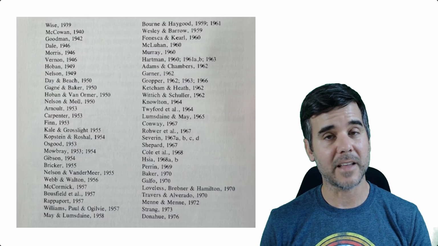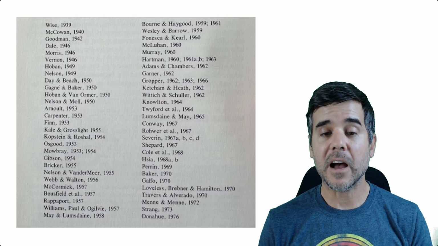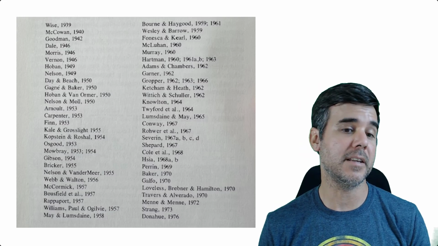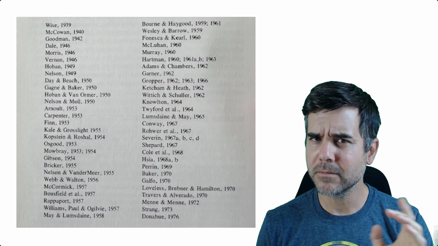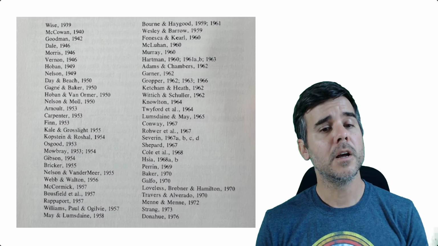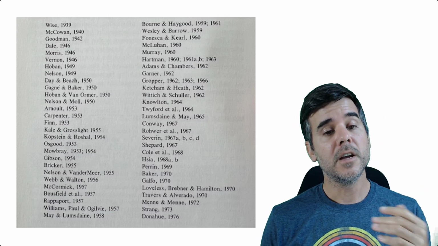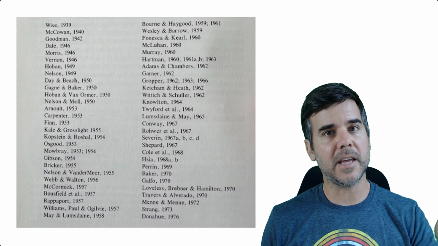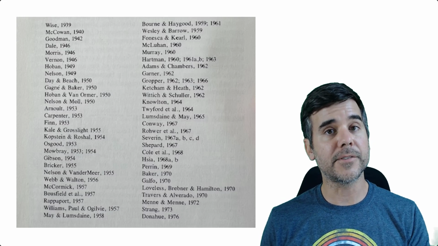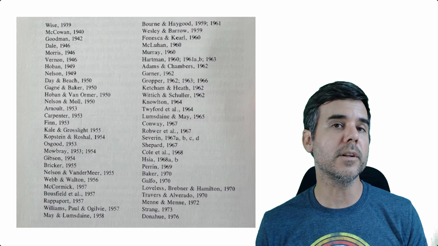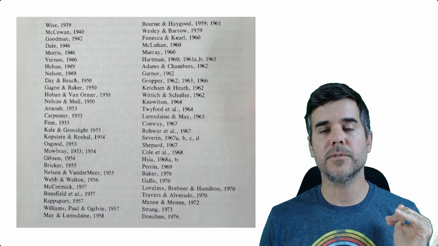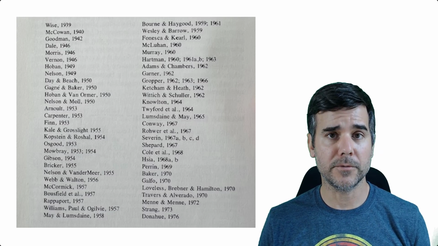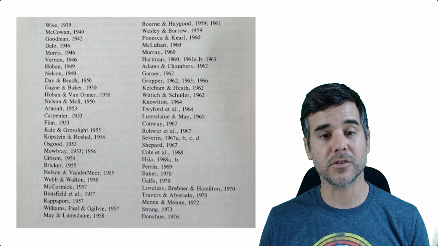We've got Wise, 1939, McCowan, 1940, Goodman, 1942, Dale's Cone of Experience, 1946, Dale and Beach, 1950, and the list goes on of studies that supported the use of multiple modes, multiple channels, versus just one.